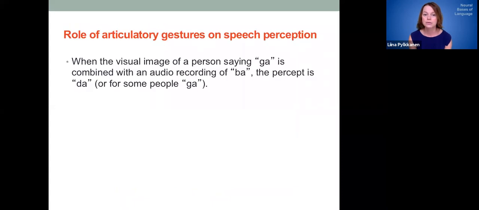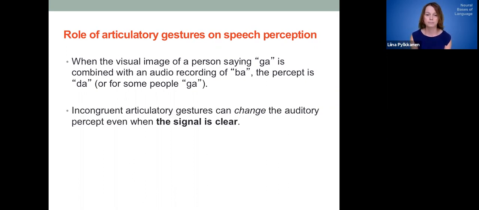Unpack that. So here, when the visual image of a person saying ga is combined with an audio recording of ba, the percept is da, or for some people, ga. And the kind of remarkable thing about this is that the perception shifts even if the auditory signal is completely clear.